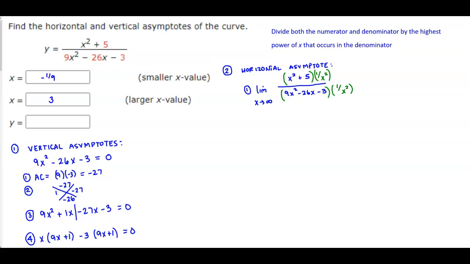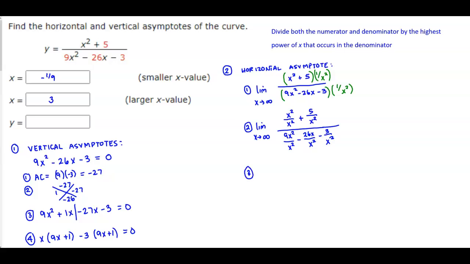So in our second step, we have the limit as x approaches infinity. And so we have x squared over x squared plus 5 over x squared, divided by 9x squared over x squared minus 26x over x squared minus 3 over x squared.